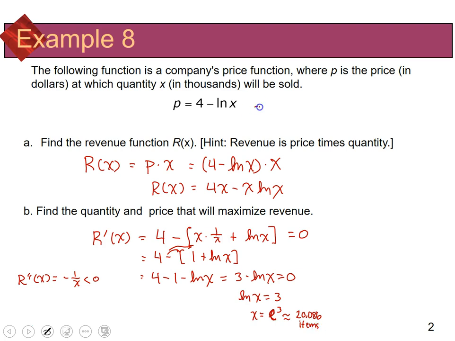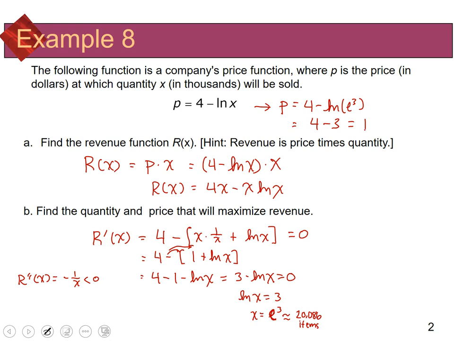The price is 4 minus the natural log of e to the 3 power. Well, natural log and e would cancel, so I'm left with 4 minus 3, which equals 1.